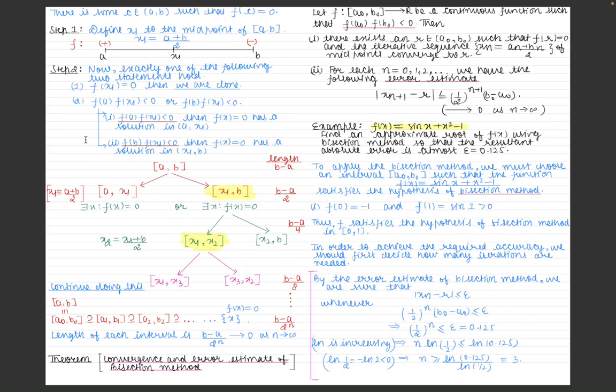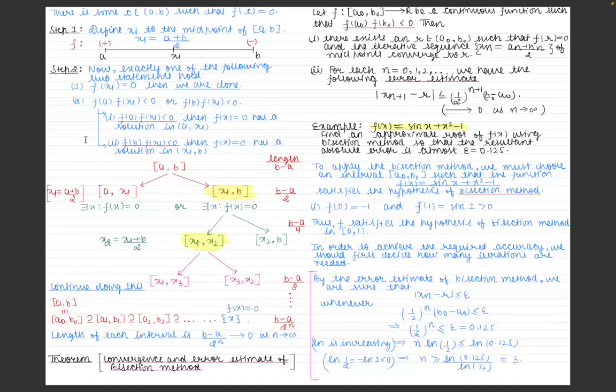So the length of each interval is b minus a by 2^n, right? And this goes to 0 as n goes to infinity.